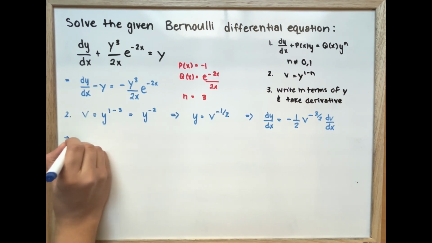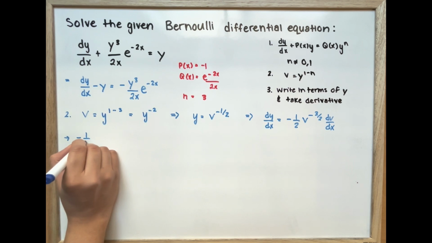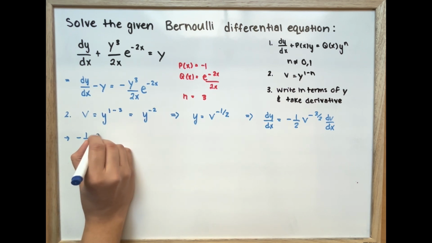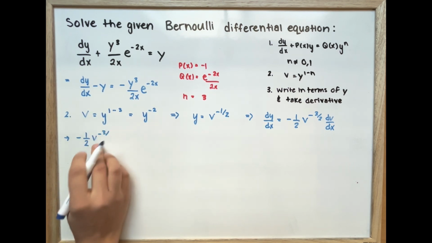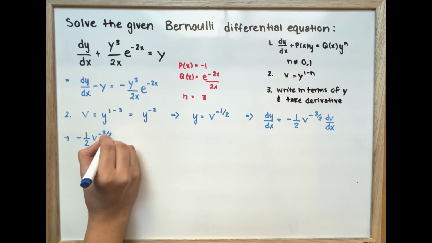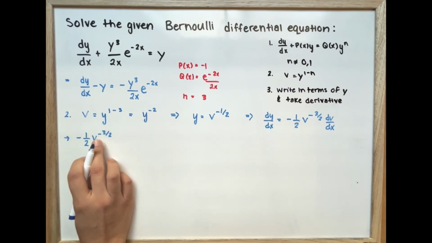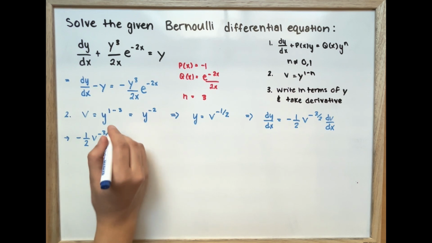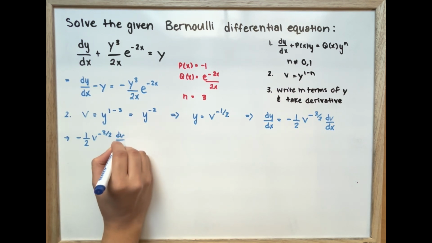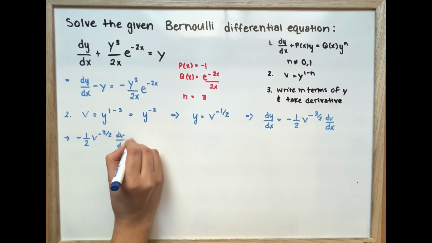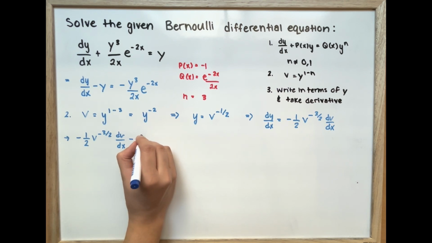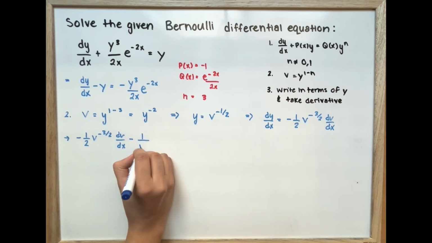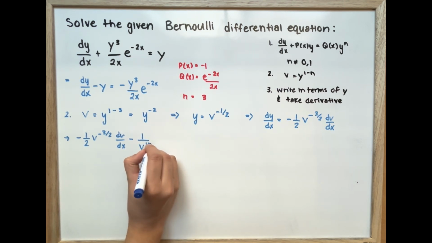So we're going to get negative 1/2 v to the power of negative 3 divided by 2 dv over dx minus 1 over v to the power of 1/2.